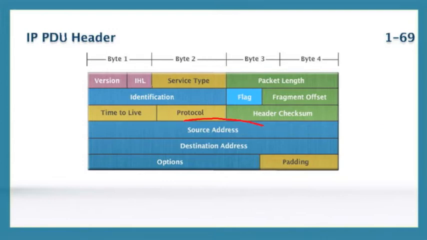We saw it in Wireshark, and now we're seeing it here in this pretty graphic. One of the pieces of information is the source IP address, and another piece of information is the destination address. So we have source address and destination address, IP addresses, as part of the information that's appended to the data by the network layer.